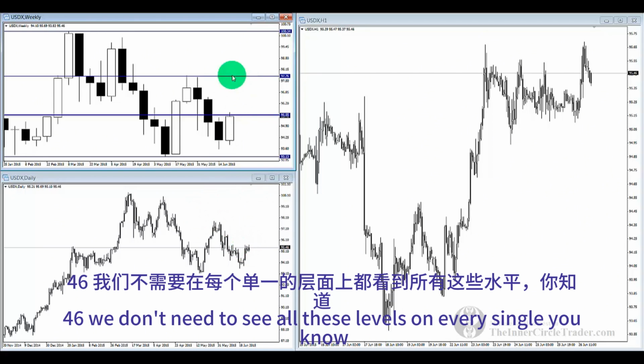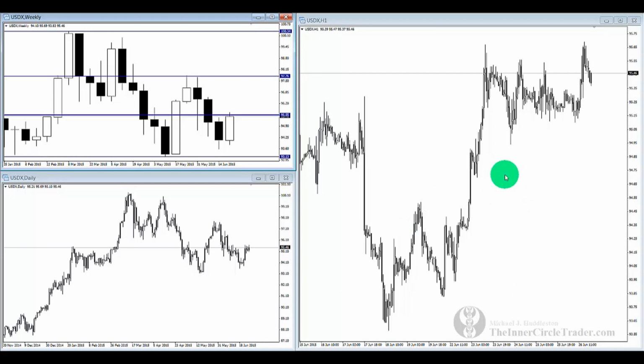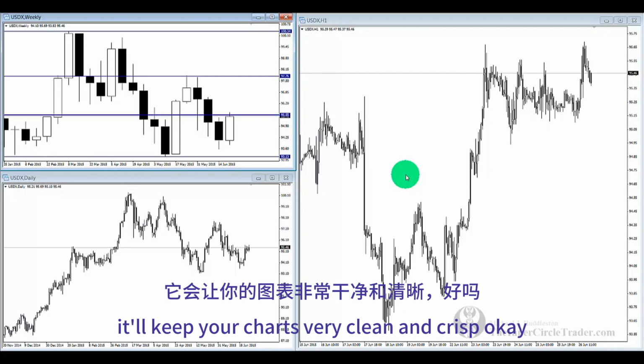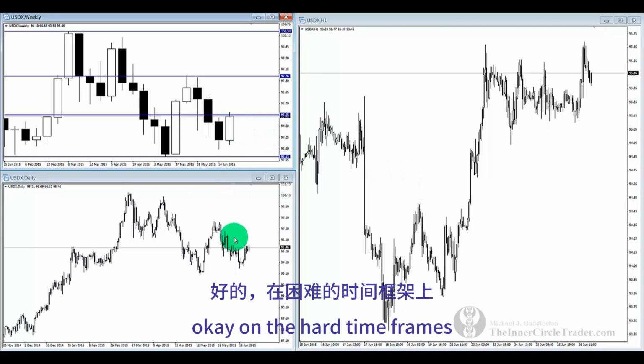We don't need to see every single level on our executable time frame, because if you have this overview workspace idea, it'll keep your charts very clean and crisp.